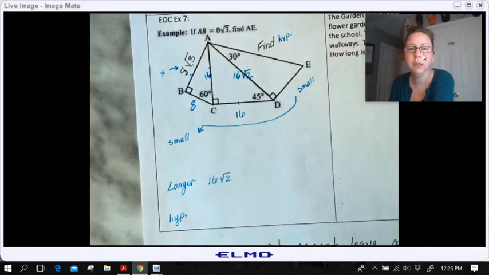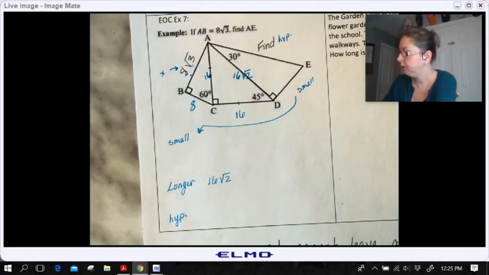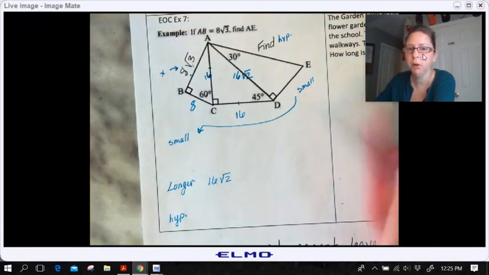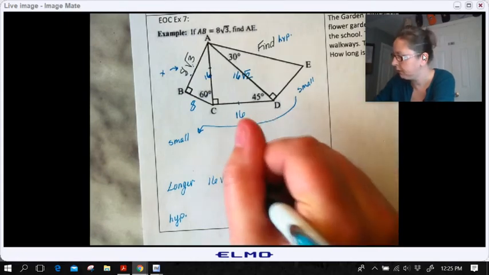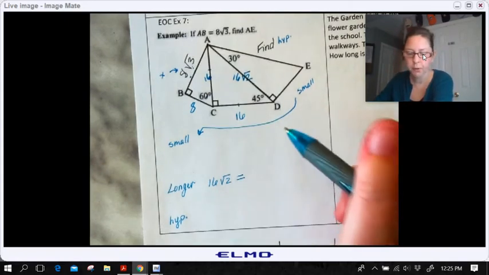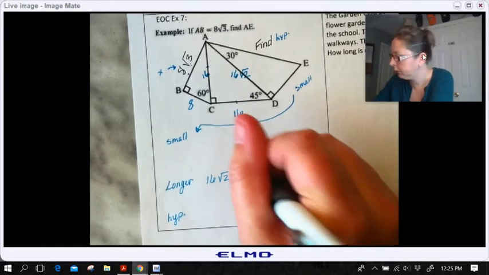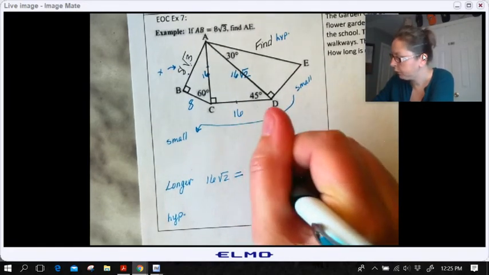But I would really like to try to figure out what the x value is, because that is going to represent the smaller side, okay? So to figure out the smaller side, let's solve this. Remember, the longer leg was x square roots of 3.